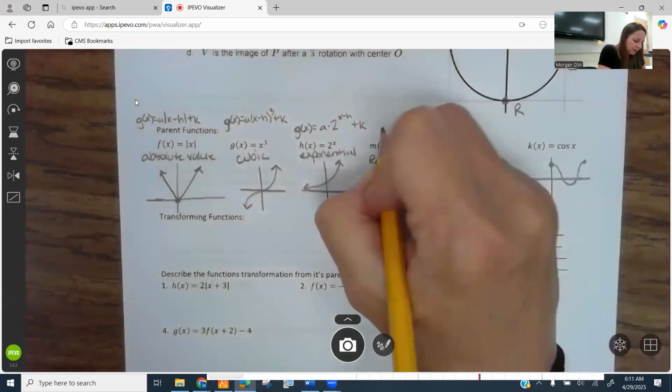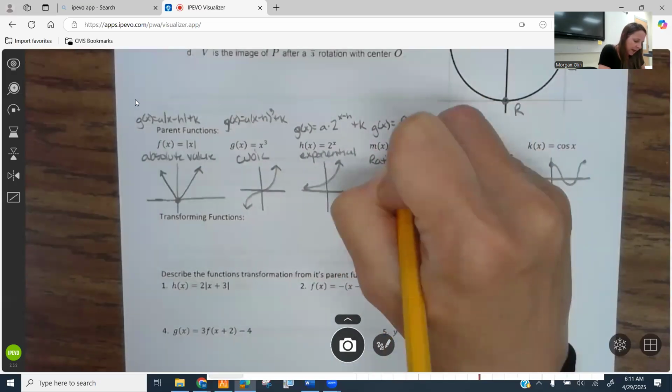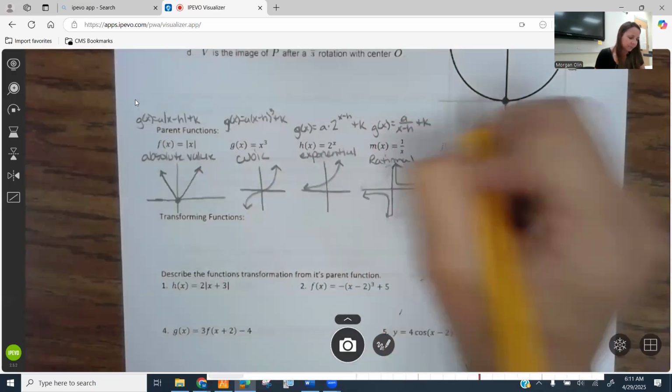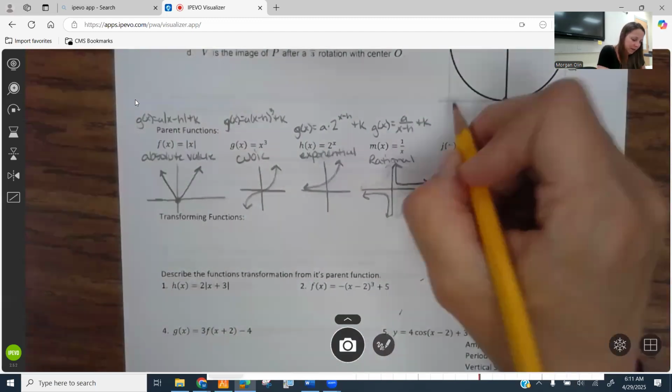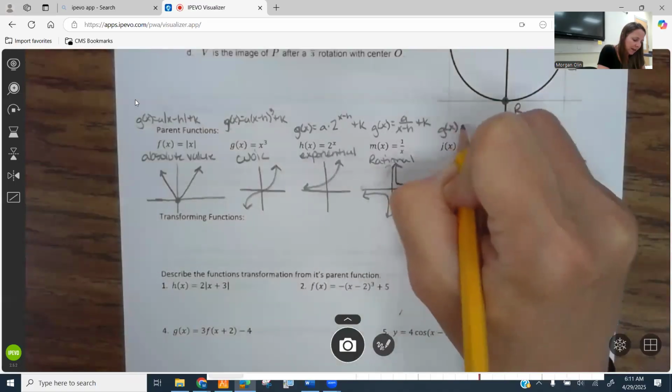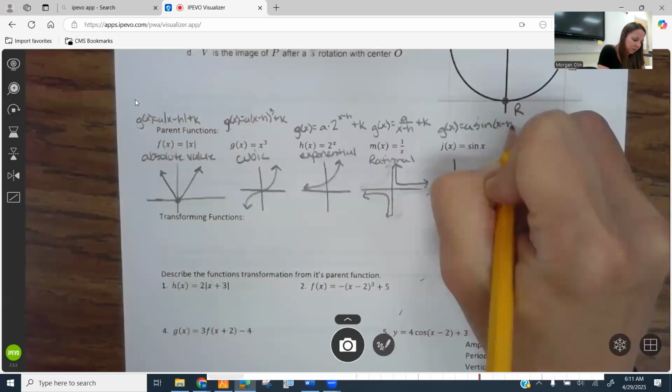Here we would have a on top, over x minus h, plus k. So sine and cosine, same thing. g of x equals a sine x minus h, plus k.